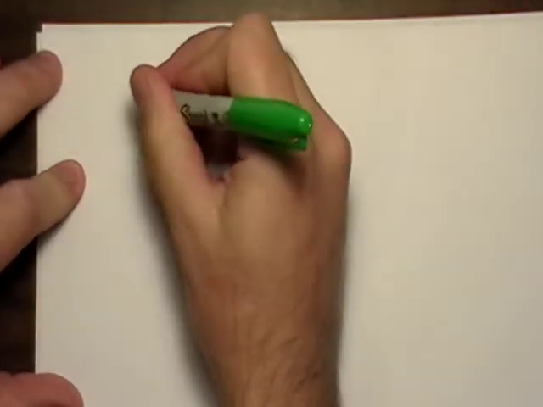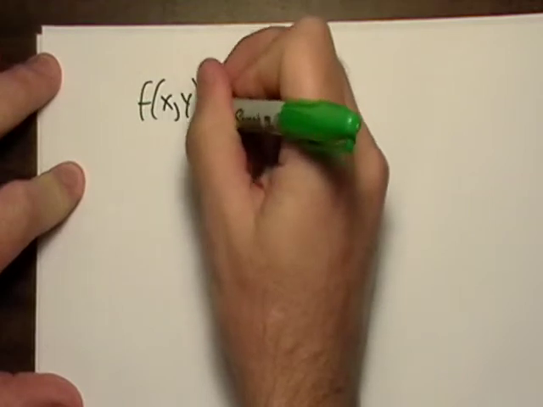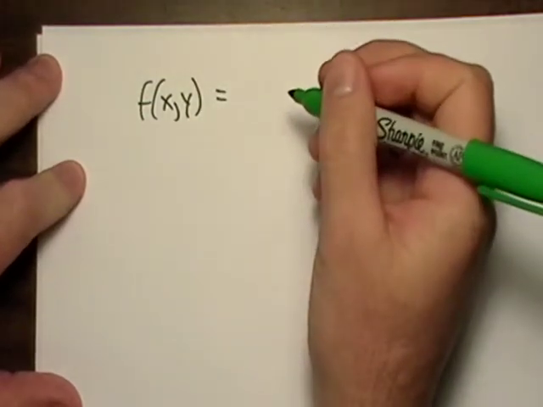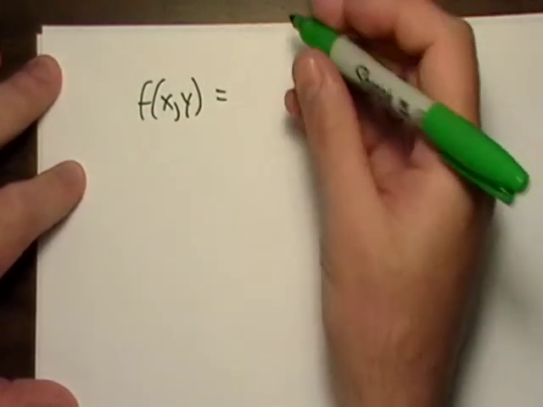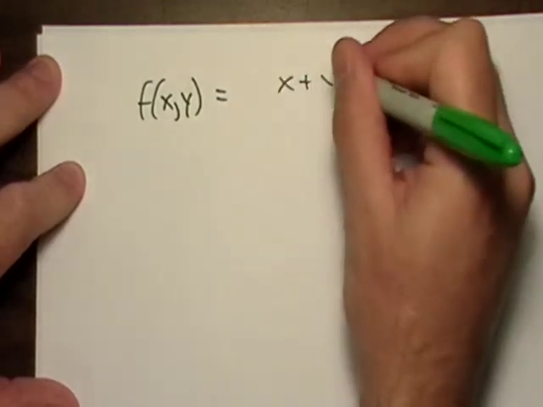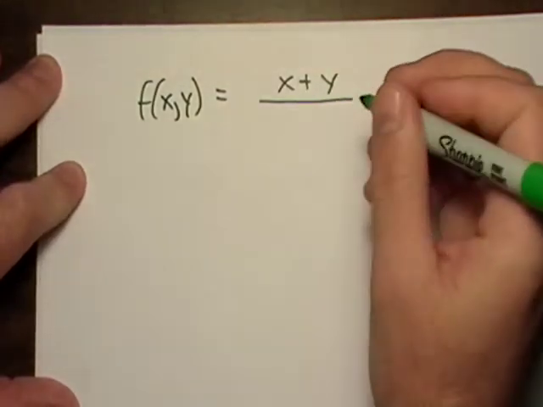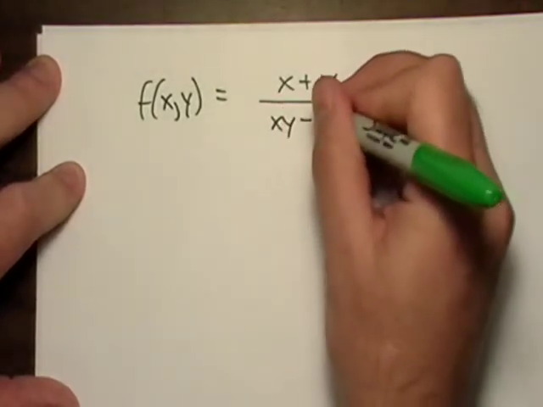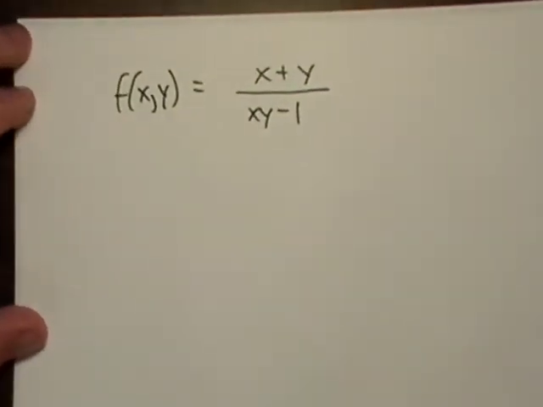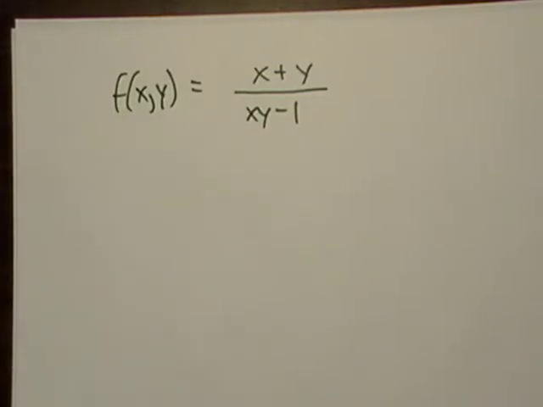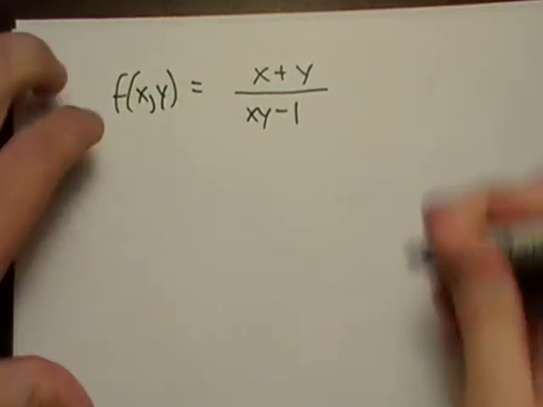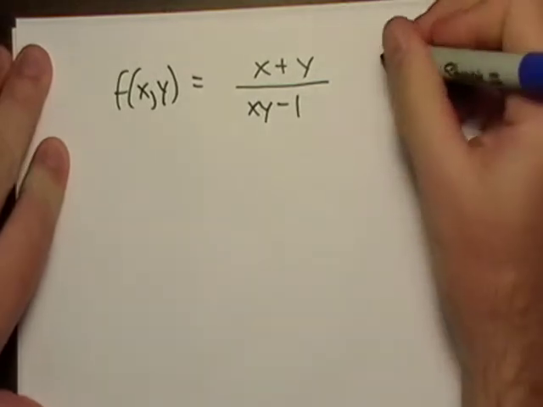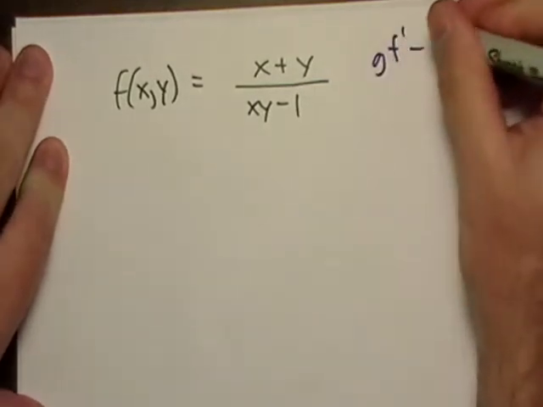Let me see if I have time to sneak one in. I might only have time to sneak this one. This one isn't too much of a big deal, but I'm going to use the product rule, or rather the quotient rule.